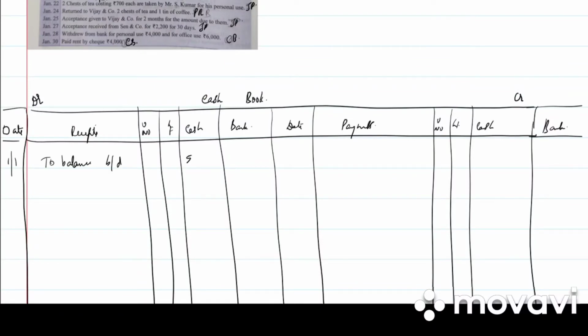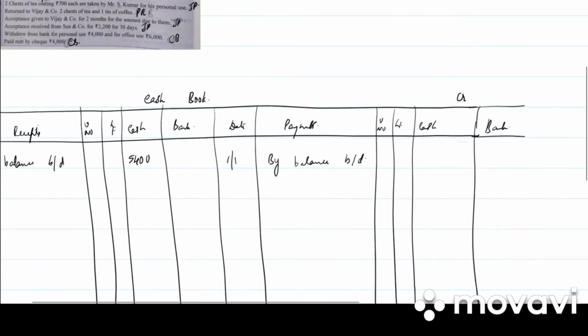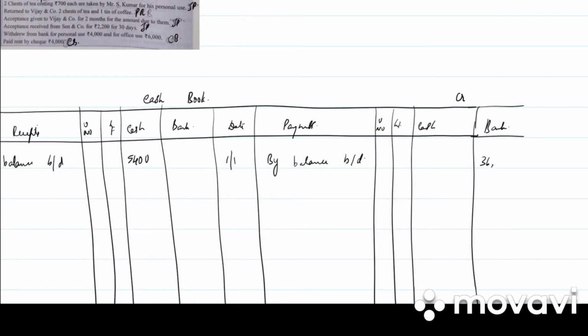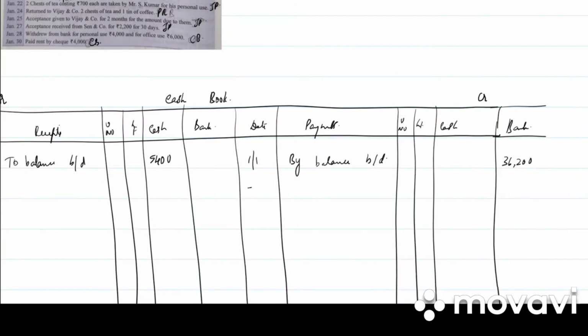How much is it? 5,400. Then again on 1st Jan we have bank overdraft. So by balance brought down, under the bank column we have 36,200.